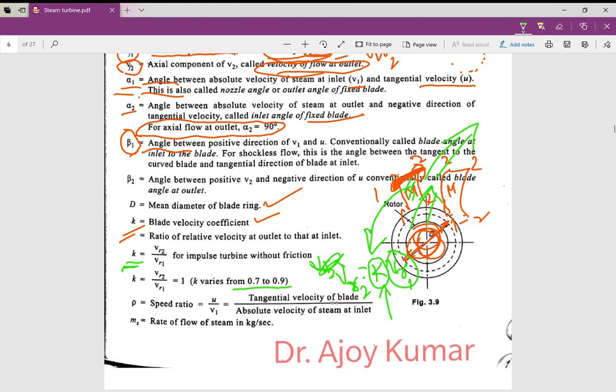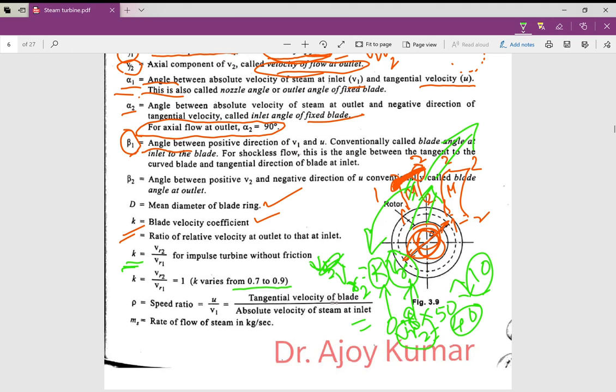Let us say VR1 is 50, and if you multiply with K of 0.8, VR2 will be 40. So steam goes out with less velocity, 40, meaning there is a decrease of 10. This 10 of velocity is utilized to create a force, and hence the rotor of the turbine keeps on moving, and then we get work.